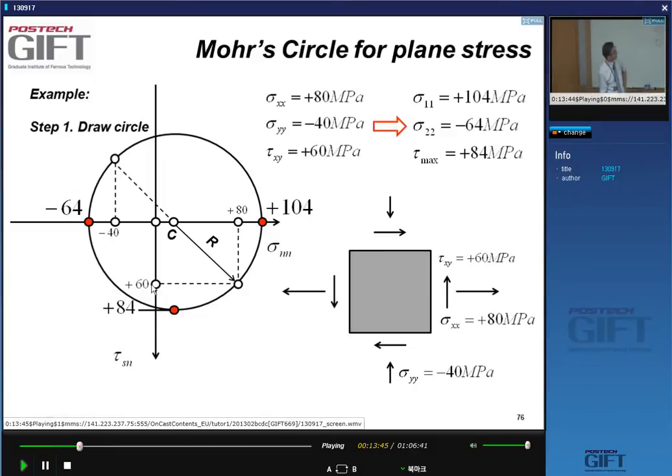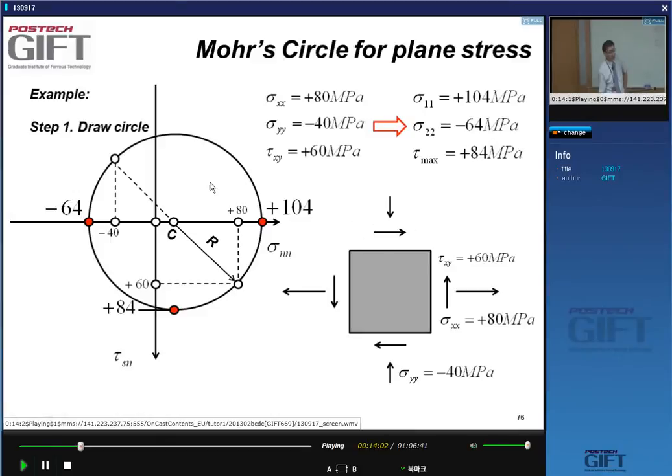So 60 is on this side, so it's positive, so the arrow points up. Sigma xx is 80. It's positive, so it's pointing normal and to the right on the h plane.